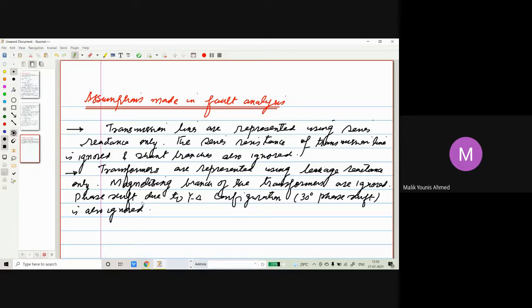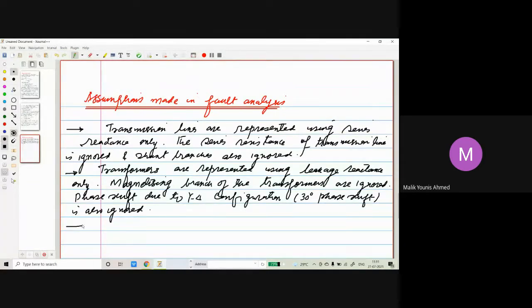So next is transformer. We know already it is represented by the leakage reactances only. And then we don't consider the magnetizing branches also. We have given the reason for that also. And then phase shift due to this star delta configuration is also ignored in this case.